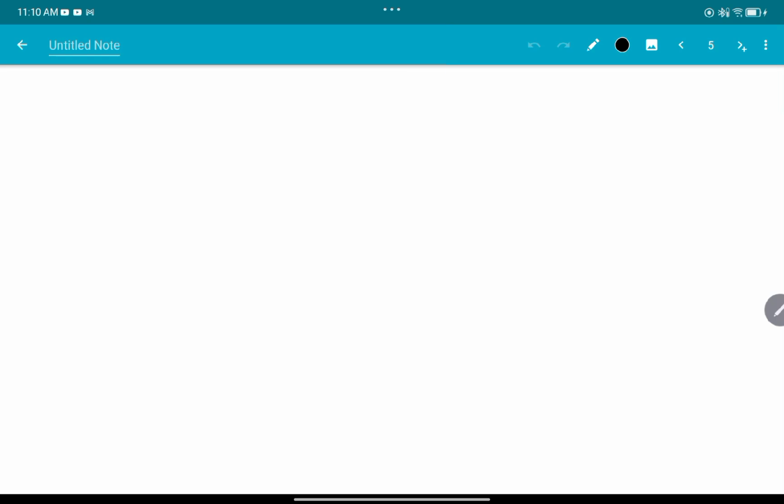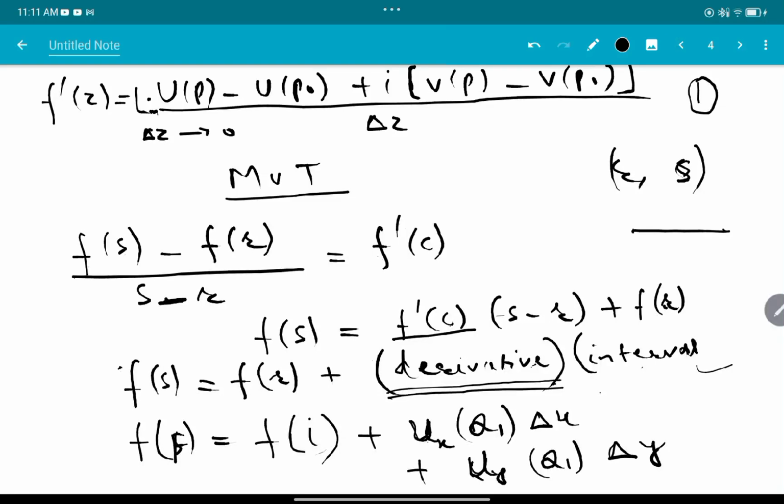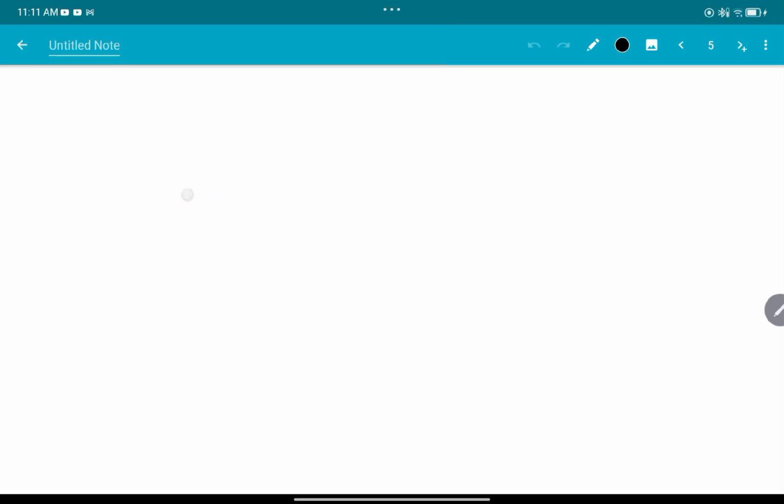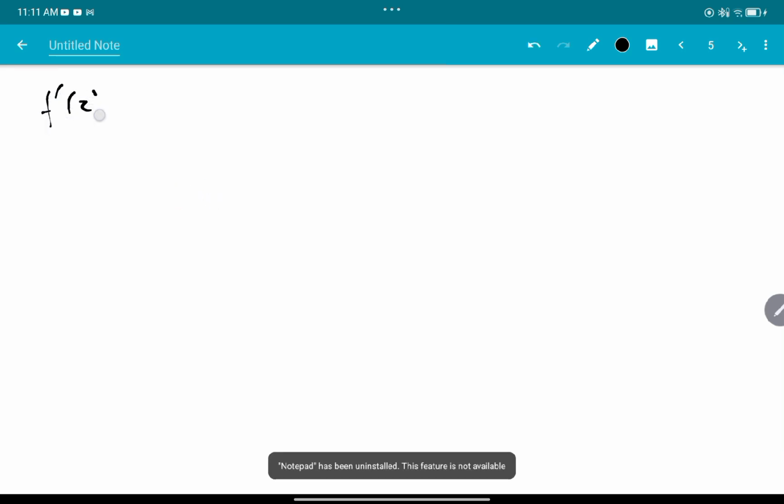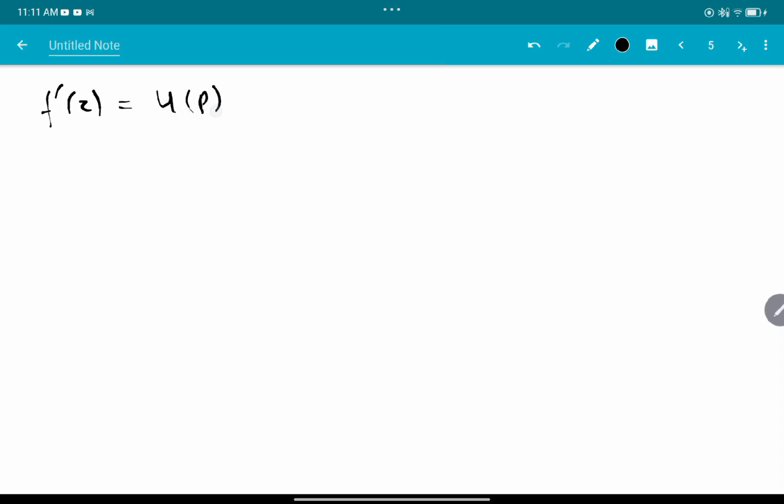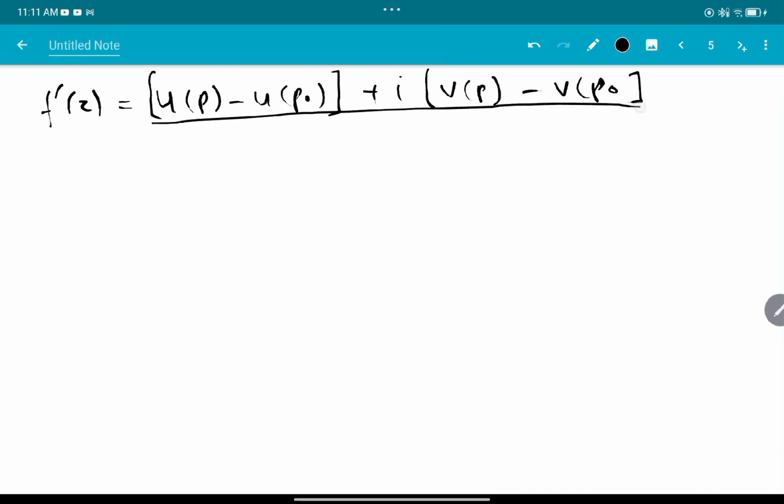F dash z, till now we have this story. F dash z is equal to up minus upo, let's keep it like this, plus i times vp minus vpo, divided by delta z.